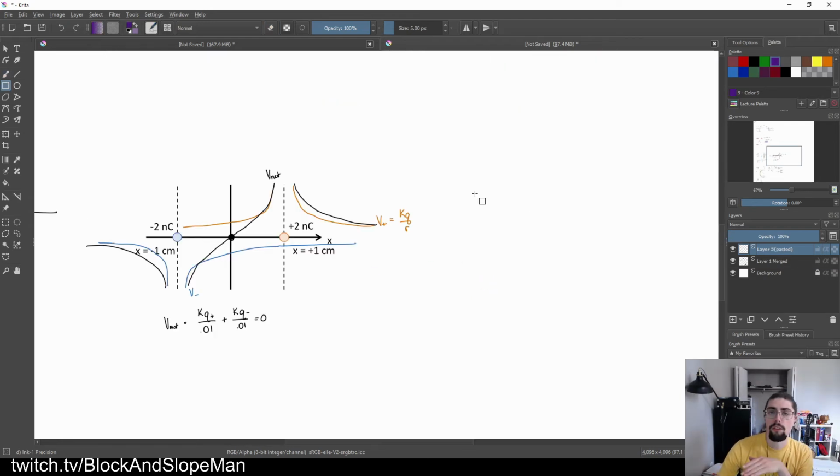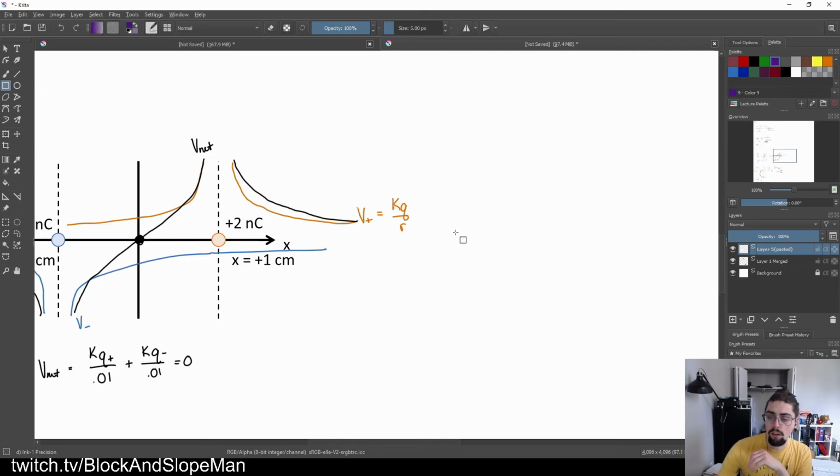For all of these points, as long as I'm dealing with a point charge, my potential follows this shape, that the potential is equal to kq over r. So the magnitude of each of these is just scaling like I've got here in orange. For the positive charge, it starts very, very positive and gets closer to 0 as I go out from it.